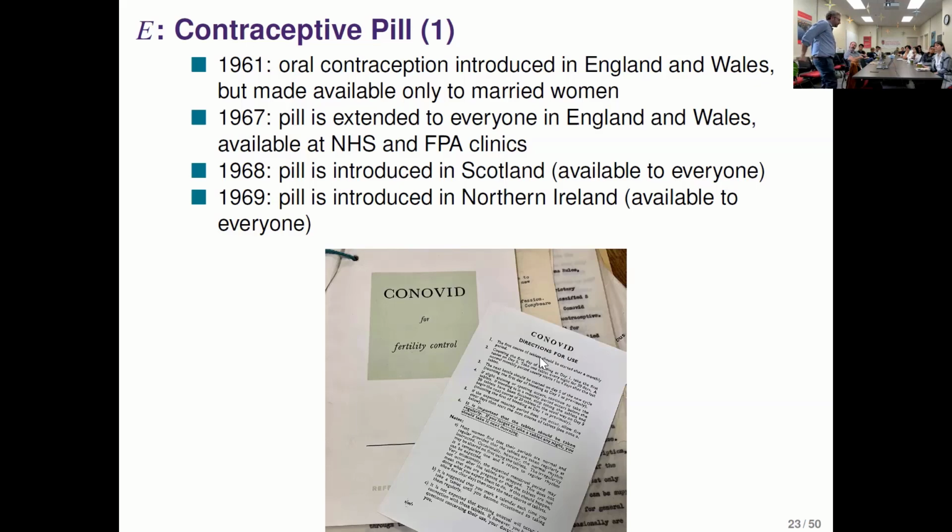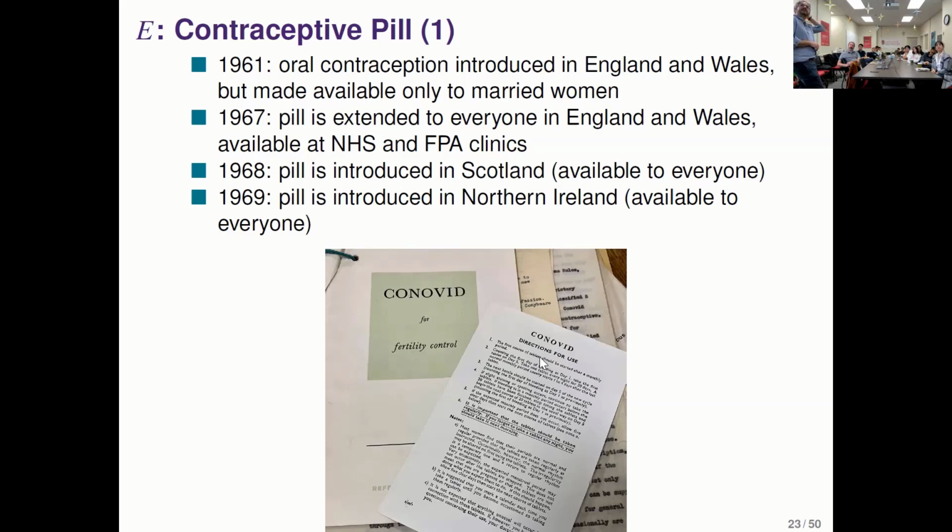Okay, one thing that we think is relevant for fertility is contraception. I mean, there's a huge literature on the role of contraception, its effect not only on fertility behavior, but also on female labor participation, education, on gender roles, and so on.